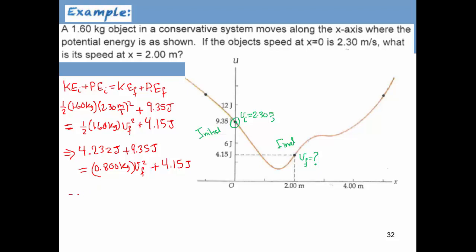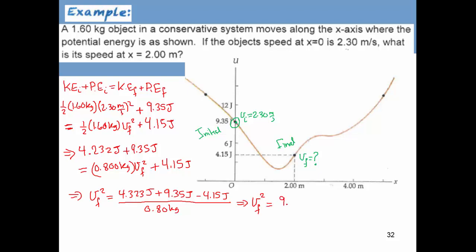And now we rearrange to solve for the final velocity. Adding the terms in the numerator will give us 9.432 joules. V final square will come out to be 11.79 meters square over second square. Taking the square root of the two sides of the equation, V final will yield 3.43 meter per second.